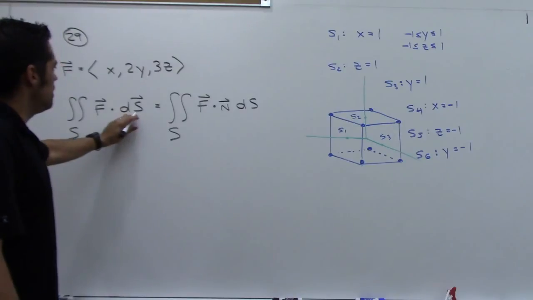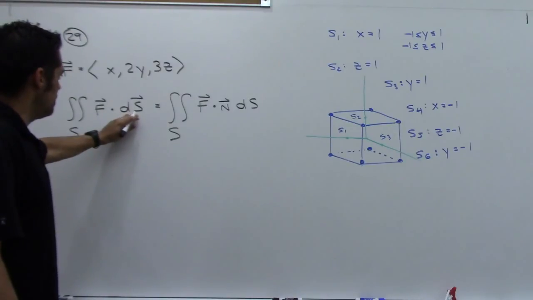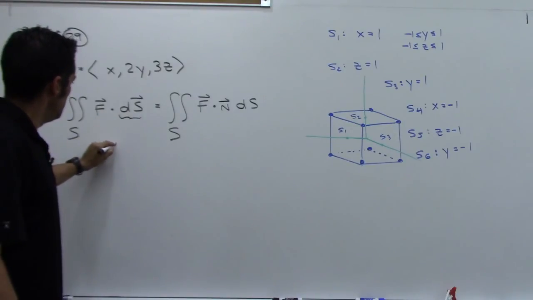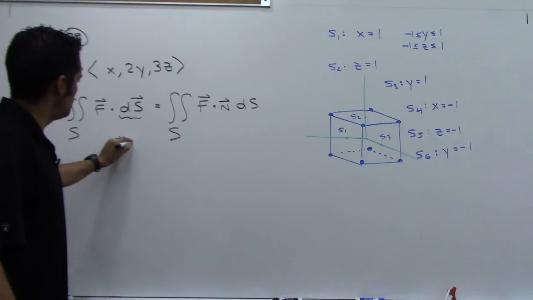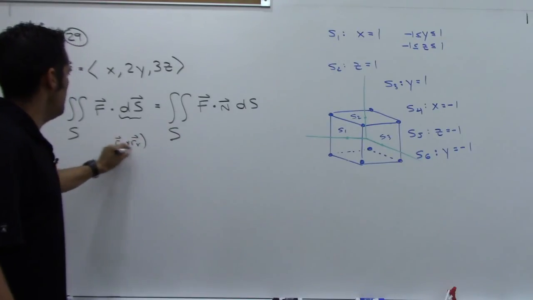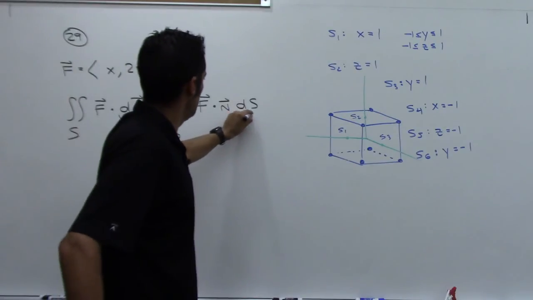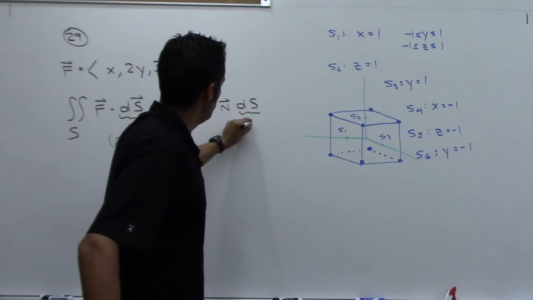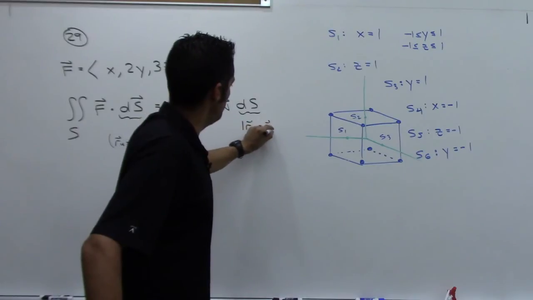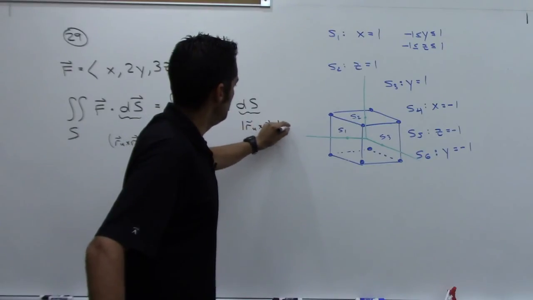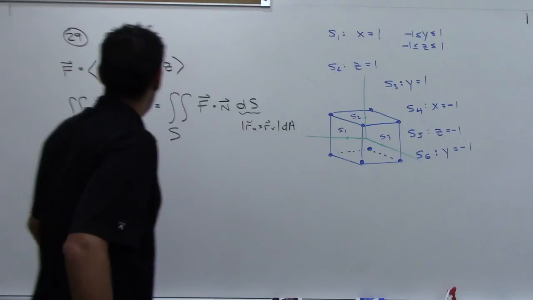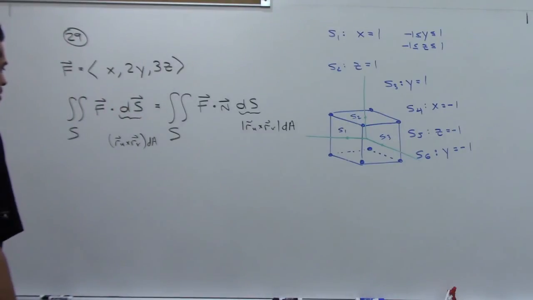And remember what the definition of this was. The definition of this was r_u cross r_v dA. That's what that was. But this is the magnitude of r_u cross r_v dA. Right? So there's a difference between those two.